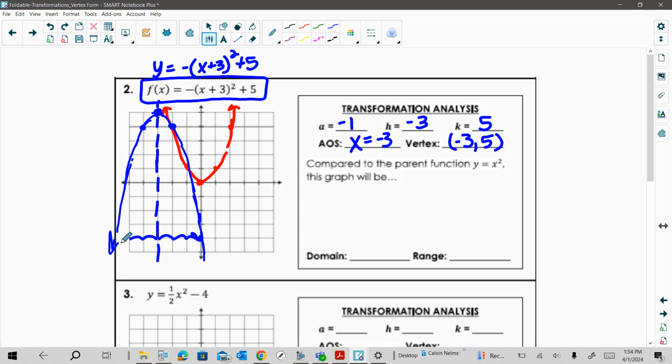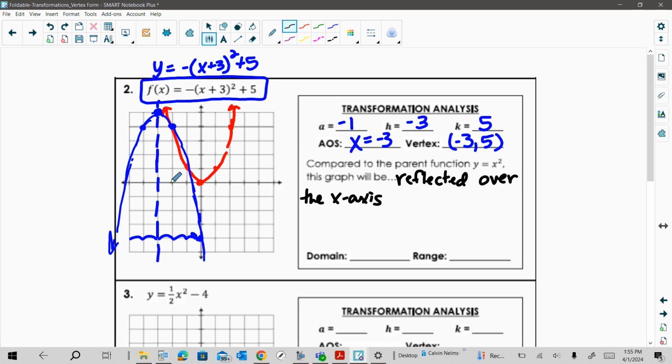All right, so now I can compare this graph to the parent function, which is my red function. If I look at this, well, we know it's opening down. So that means compared to the parent function, the graph will be reflected over the x-axis. That's our A. Whenever we get a negative number, it's going to be a reflection. And then if I look at my H, since it's a negative 3 for my H here, here's my original vertex at 0, and it shifted to the left 3.